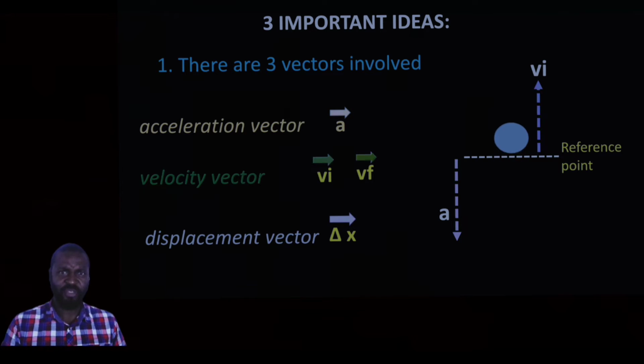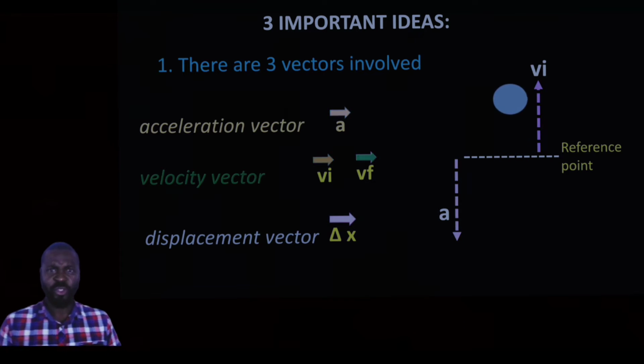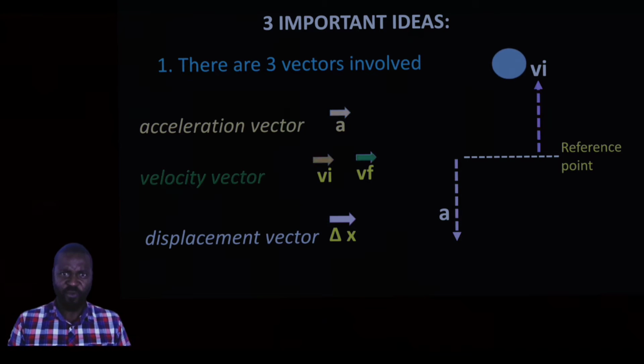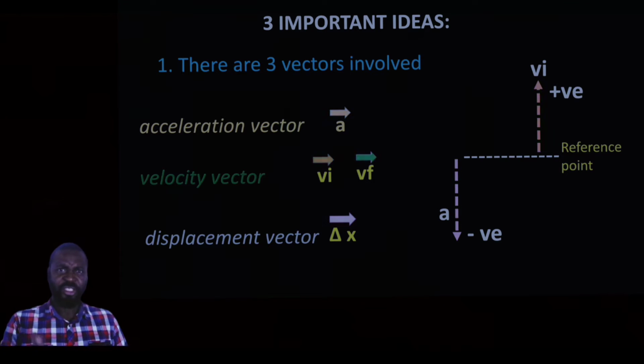One of them has to be negative. Because you are aware of the directional nature of the vectors, it's always easy to say, let the initial direction of motion be positive. In that way, for an object projected up, the acceleration is going to be negative.